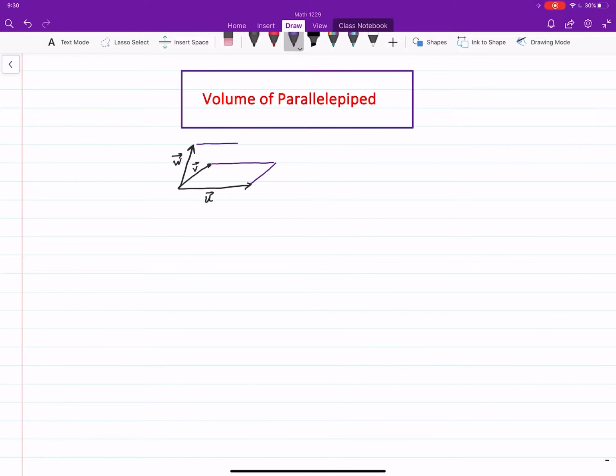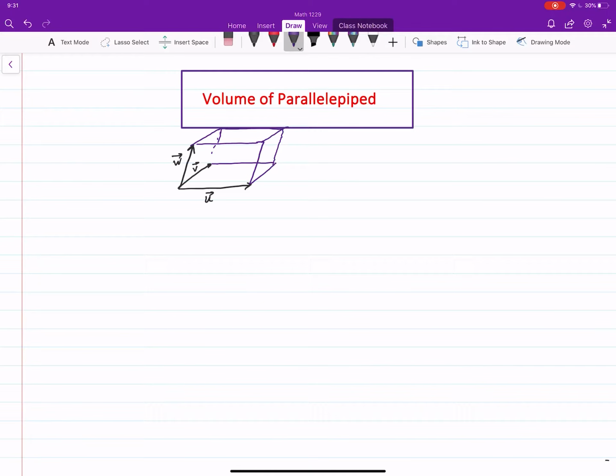For u and w, you have this parallelogram, and then you can use this one also. But if you do a three-dimensional version of that, you'll find there is a box-like thing, where one of the corners is fixed by u, v, and w.